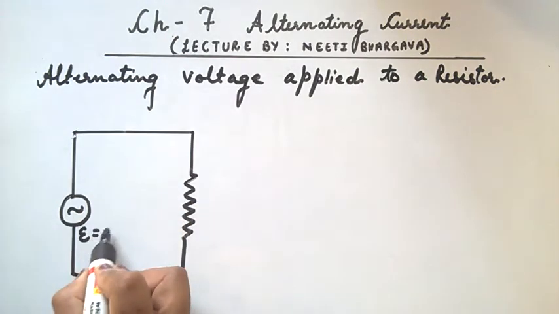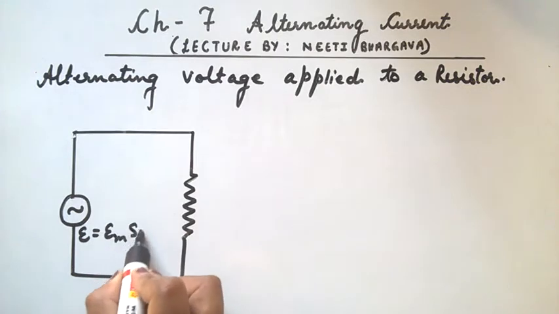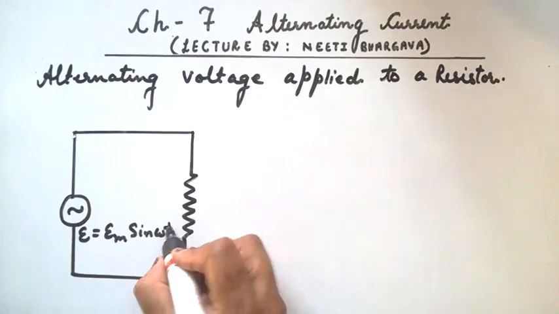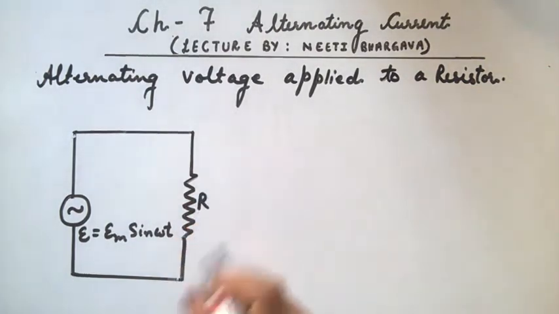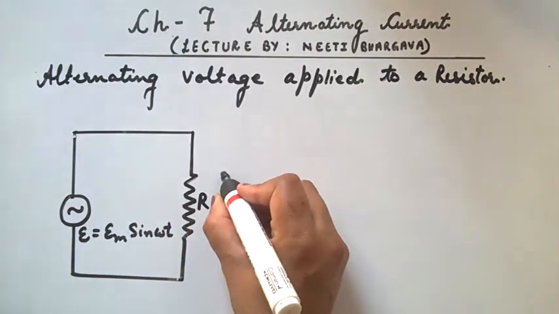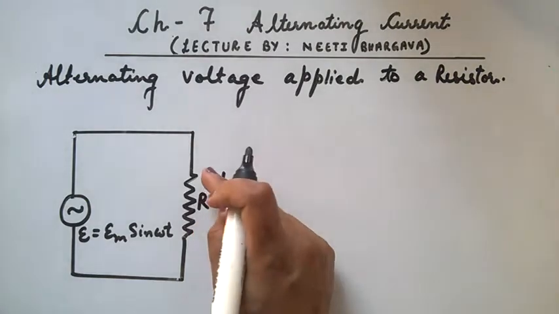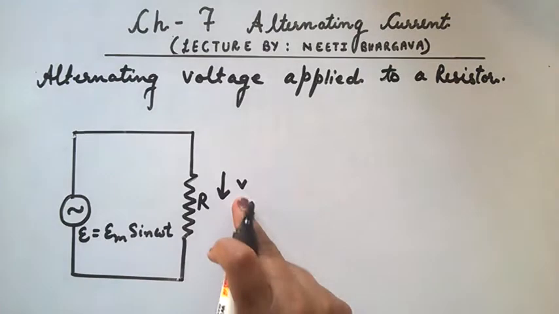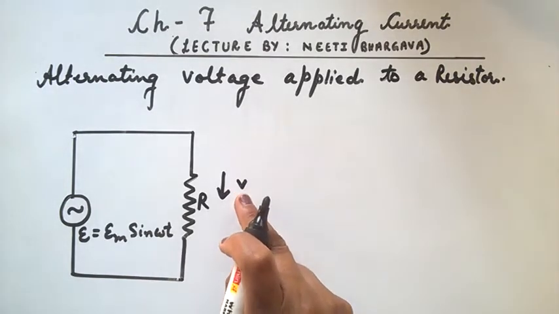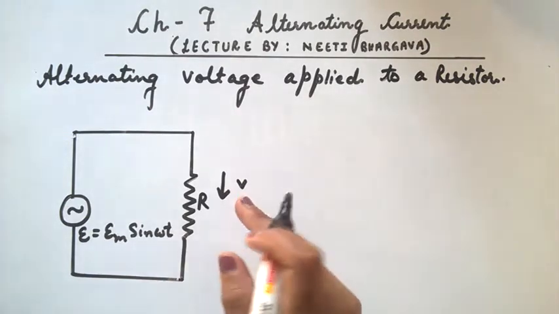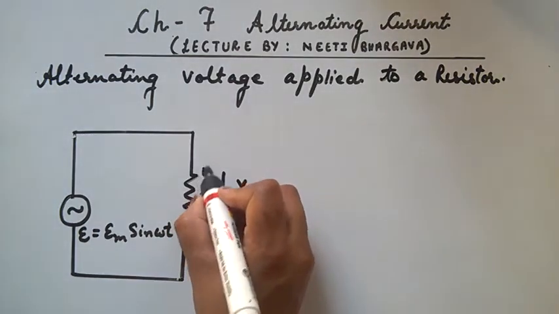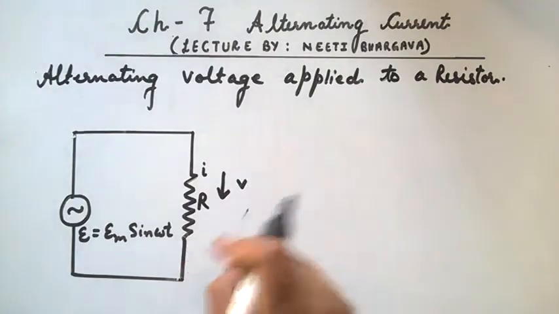Its EMF is E, equal to its maximum value times a function of sine omega t. The alternating potential difference across this R is small v, the instantaneous voltage at an instant, and at that time a current i is passing across this resistor.